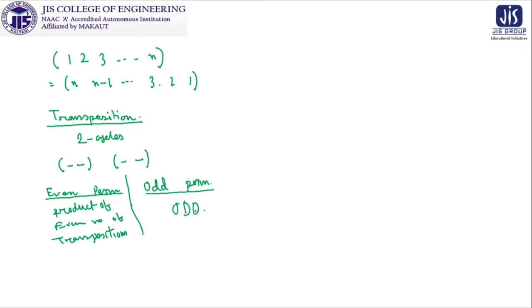Okay, so if you take 1 2 3 4, if you don't know how to write it in this structure, that means the structure of transpositions, then it is not possible for you to count or characterize whether it is even permutation or odd permutation.